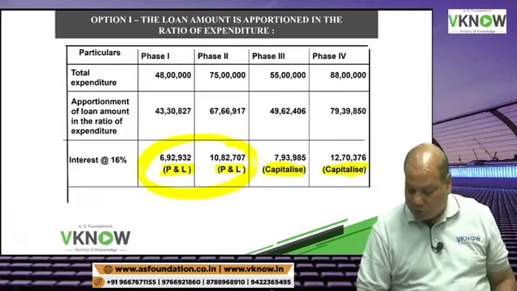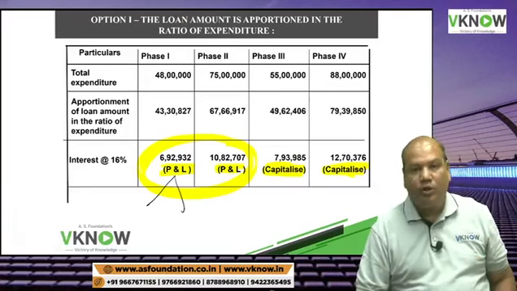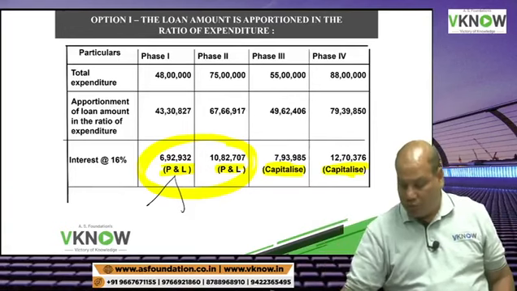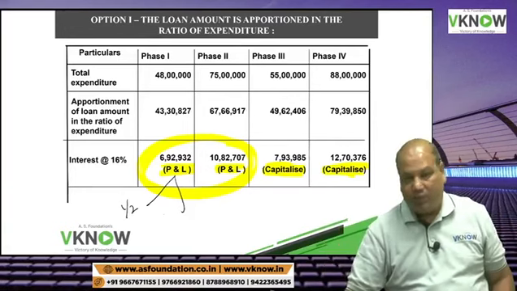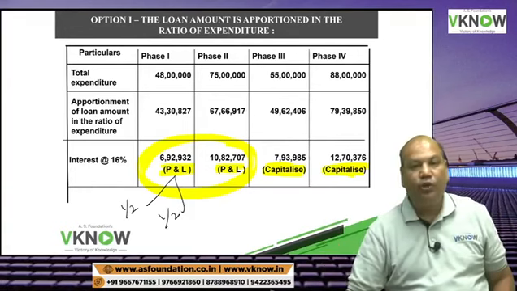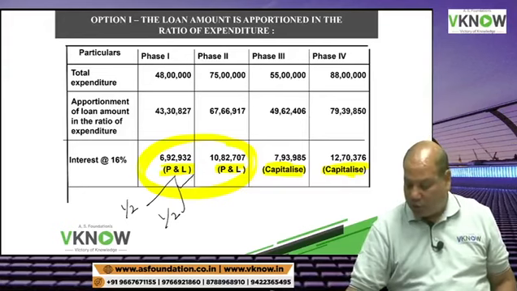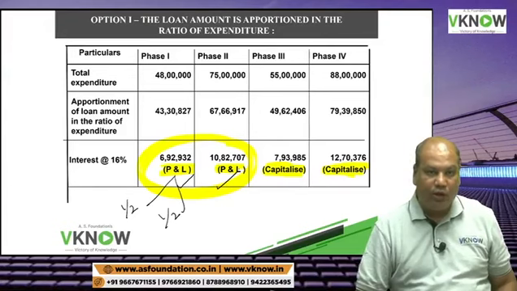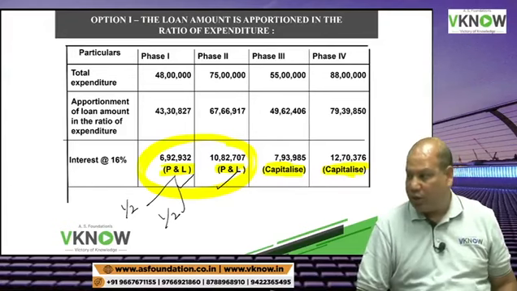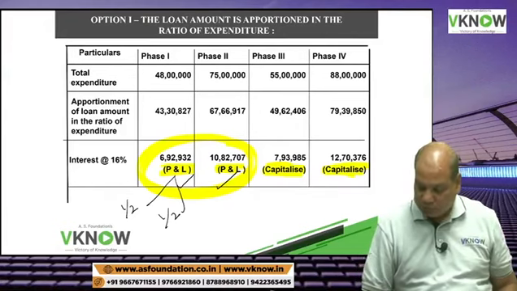Suppose we change the question, and it becomes operational after 6 months. Then half of it will be capitalized and half will go to P&L account. But to keep the question simple, your institute has said that it will become operational at the beginning of the year.